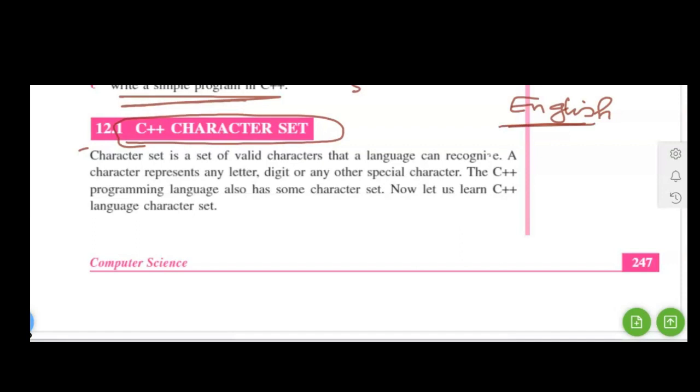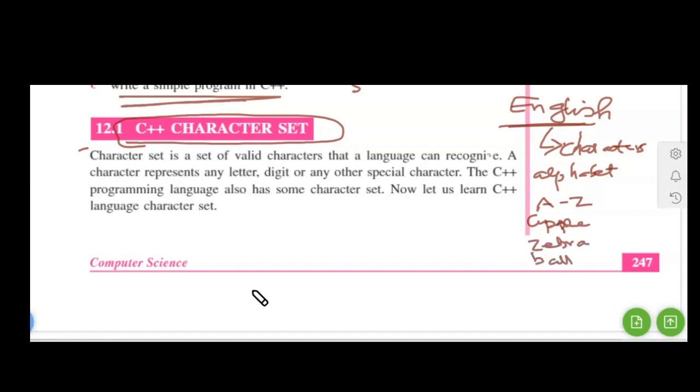To learn English, the first basic thing we have to know are the characters, or the alphabets, from A to Z. Using these we make up words like apple, zebra, ball, bat.